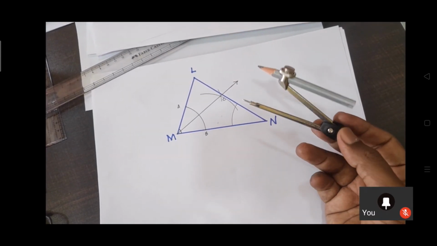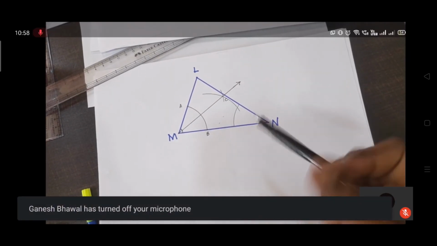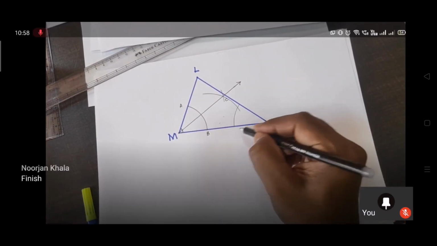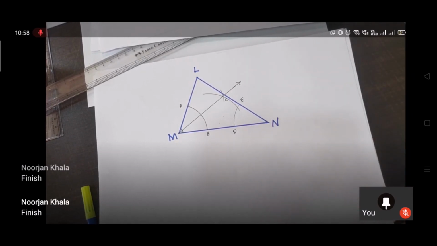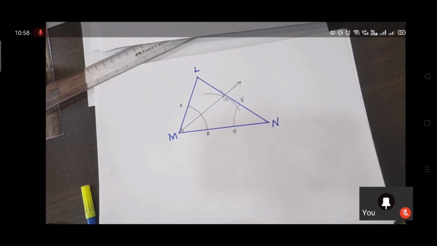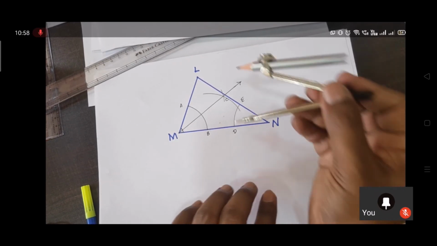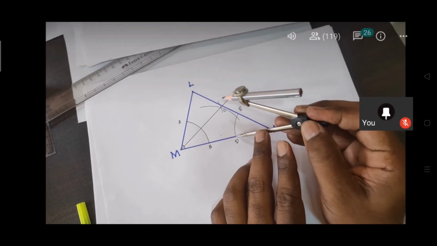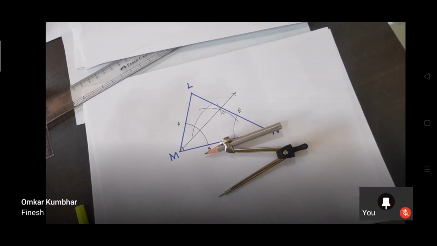Same method we have to take here point D, point E. Once you have taken point D and E, increase the span, increase this little bit of span, keep it on point D, and draw one arc.